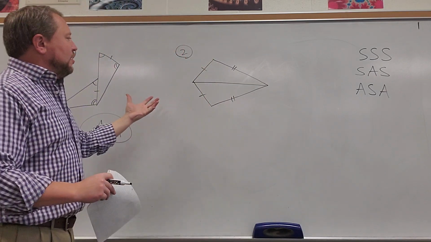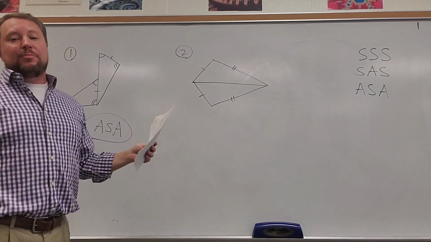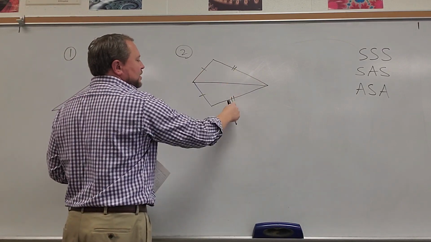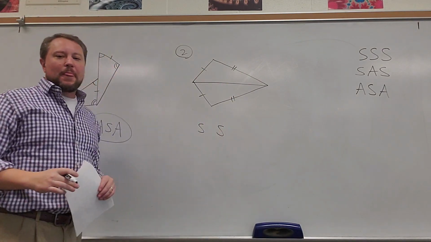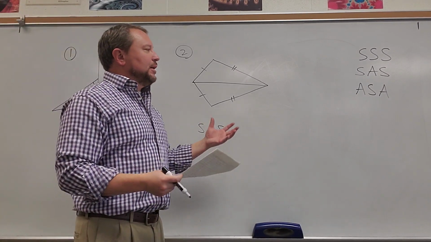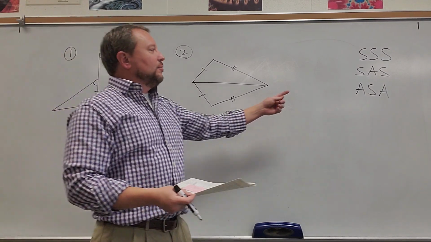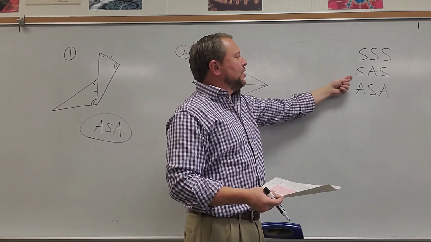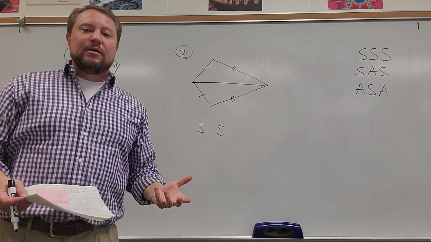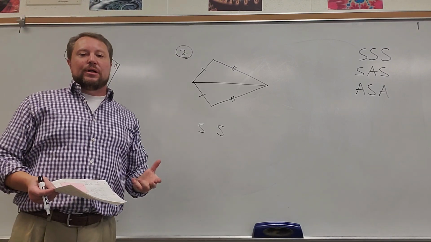Okay, in this one right now, all I have marked up here at least is an S and another S. So if I am going to prove these congruent, I'm going to need another pair of parts, and I don't know right now, it might be SSS or SAS. Both of those require two S's already. So let's see what we can mark congruent yet.